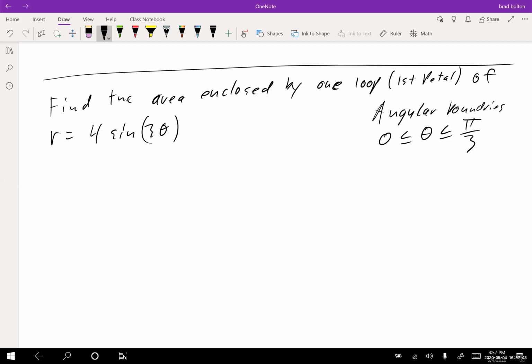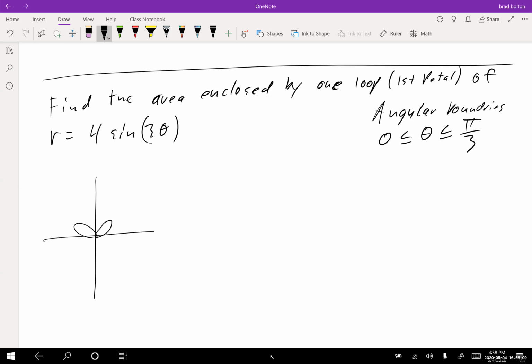Okay. So let's take a look at this guy on our calculator. I'm going to go y equals, and I'm going to do 4 sine of 3 theta, and hit graph. And I get this rose petal like this. And again, you guys, I am not by any stretch of the imagination an artist. This is my masterpiece. This is as good as it's ever going to get. Oh my gosh. Okay, I'll try a little better.